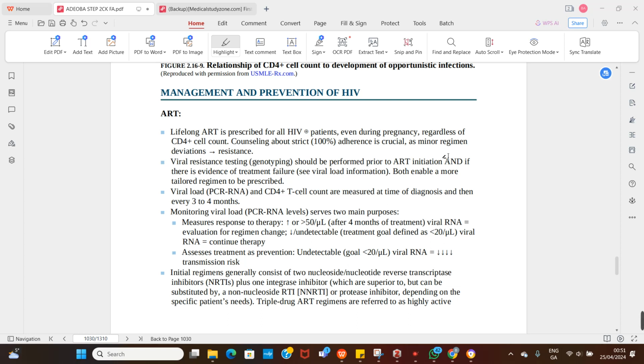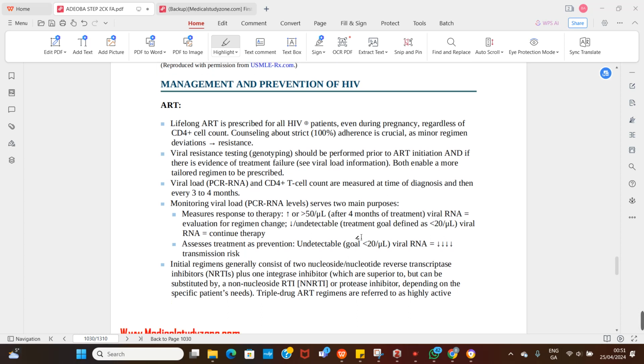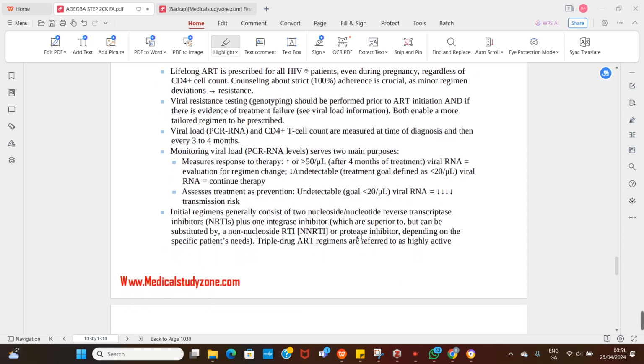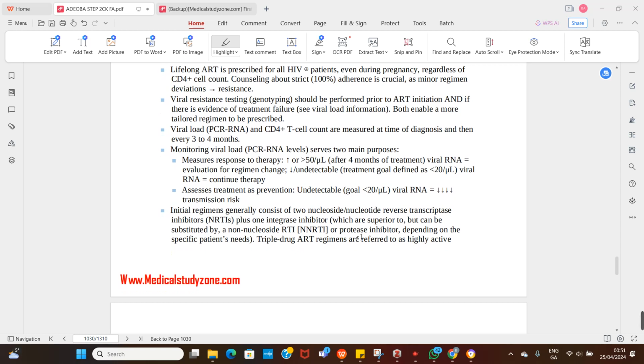So we are going to look at those drugs shortly, and we are going to have an overview of the way they work and their side effects. So don't forget, for the heart, you are using two nucleoside or nucleotide reverse transcriptase inhibitors plus one integrase inhibitor.